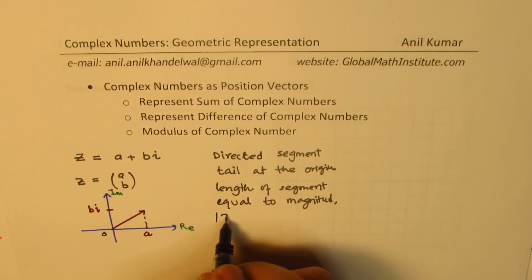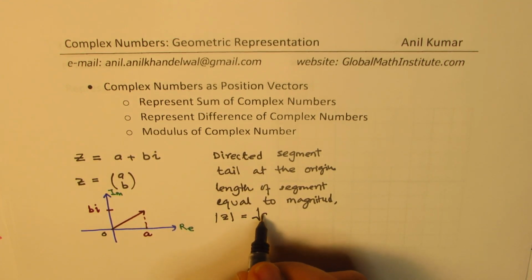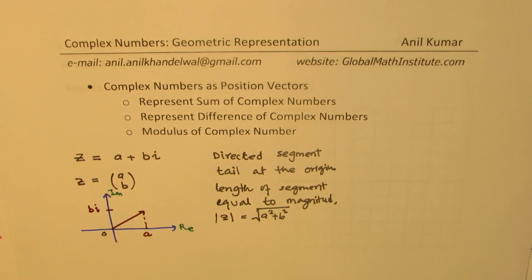Normally the magnitude will be the absolute value written like this. In this case the magnitude will be the square root of a square plus b square. Correct? So that is the directed vector and we call this the position vector.